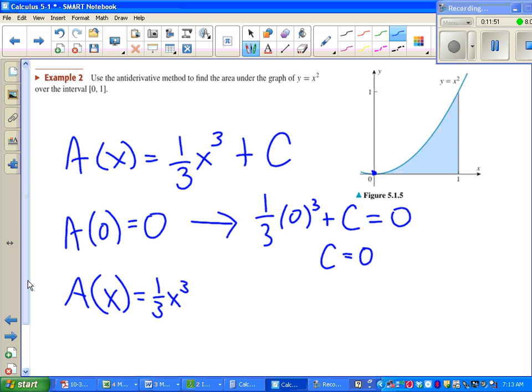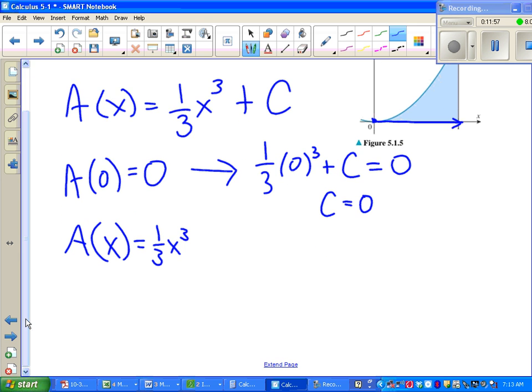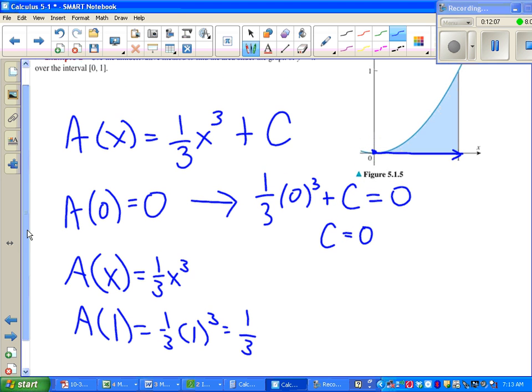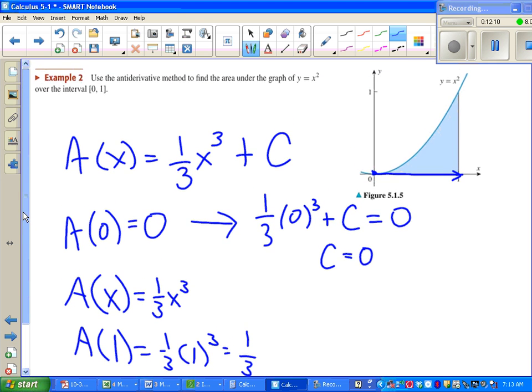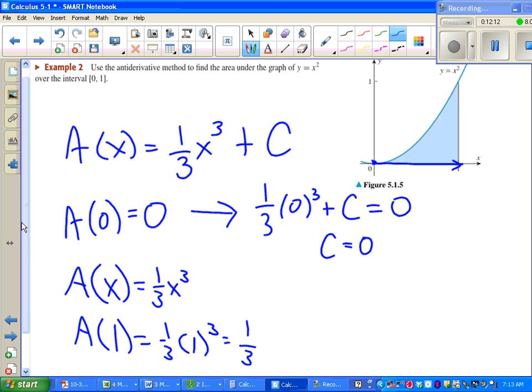Now we can put any number in for x that we want. The problem tells us we want to go all the way to 1, so we're going to put in 1 for x. Area under this curve from 0 to 1 would be 1/3 times 1 cubed, which is 1/3. And we can kind of verify this with some geometry. Let's look back at that original shape.